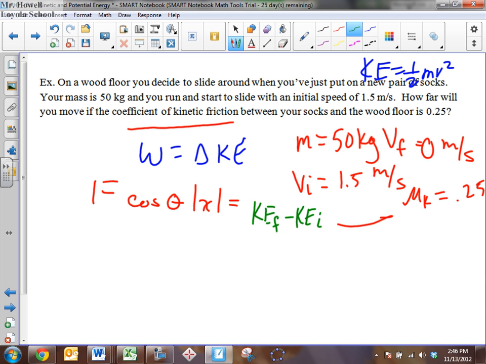Next, start plugging in your equations. You've got 1/2 mvf squared minus 1/2 mvi squared. Over here, and this is the thing that's tough to figure out, what force is causing you to stop?